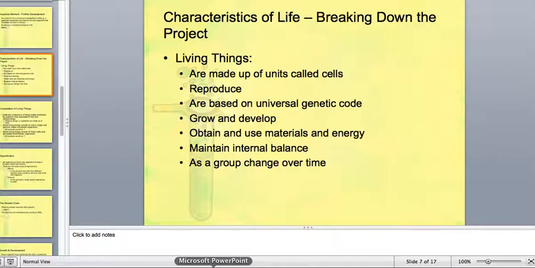There must be growth and development throughout your life cycle. So what does that mean? Well, growth is pretty obvious, but development? Think about you as a human being from birth until death. You go through a myriad of changes that define your life cycle.